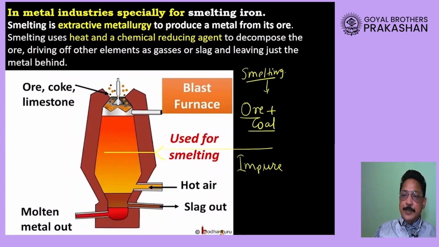Metallurgy is a process of extracting metal from their ores. I repeat, metallurgy is a process of what? Extracting metal from their ores, and we are using coal for that purpose. So it's a very important thing.